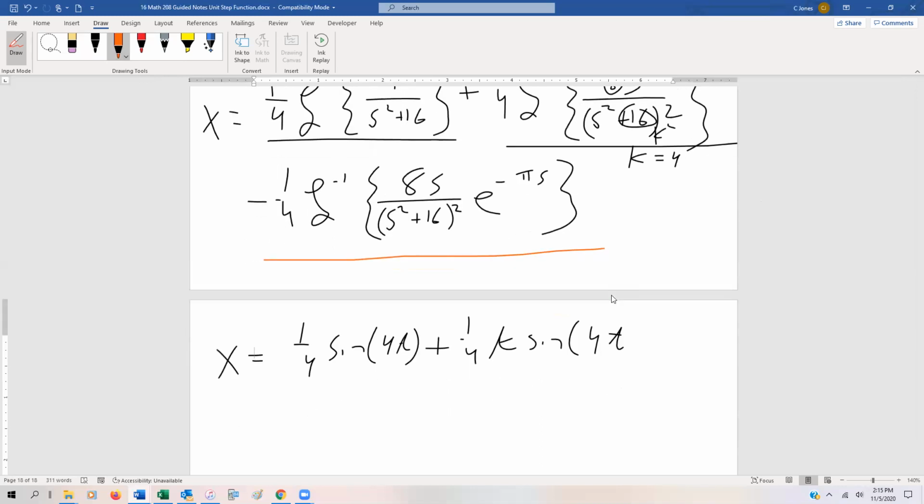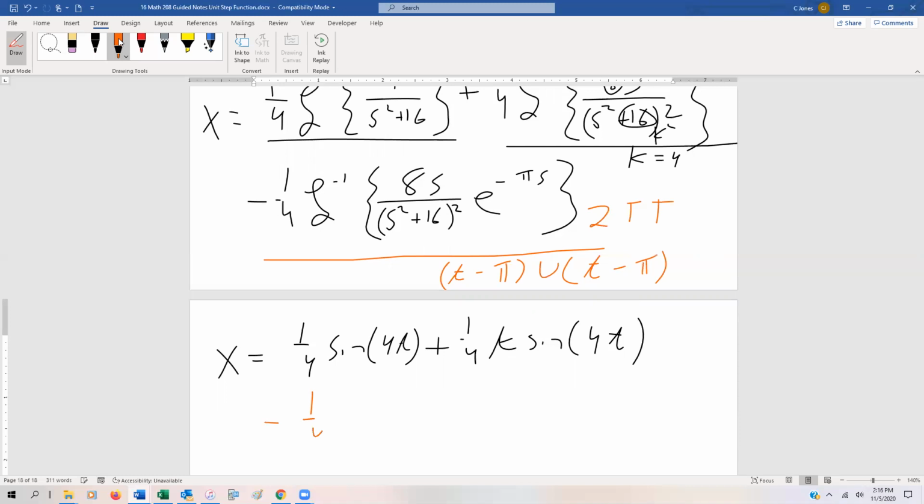We're going to have to use the second translation theorem, which means that we're going to have a unit step of t minus pi, but then also the t is going to get replaced by t minus pi as well. So that one is going to turn into our 1/4 still. I'm just going to write this below.